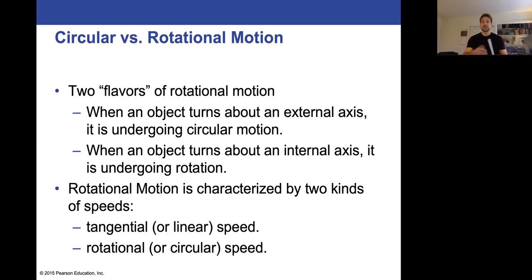The shape of the object and the axis around which we're rotating passes through the object, through the material of this object that then rotates around that point. Is this circular motion? Yes. Is it helpful sometimes to call it just rotation? Yes.